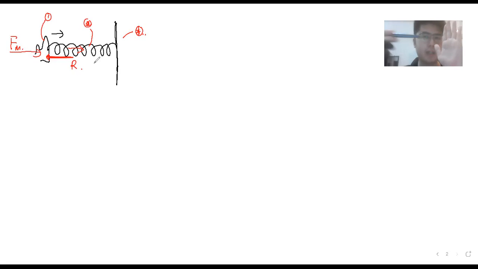So when it comes in contact with the third body, there is a reaction produced by the third body. So what is the force acting on the pen? The pen only, not my hand. The forces acting on the pen are my muscle force pushing it, and the reaction by the wall.